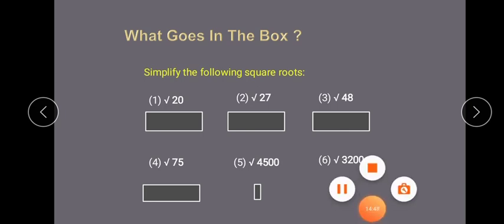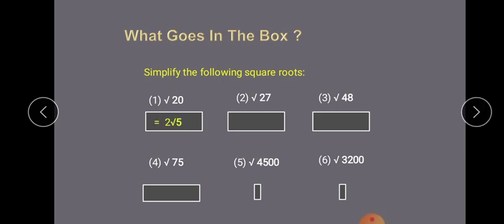Let us simplify some more problems. Okay, the first one, root 20.